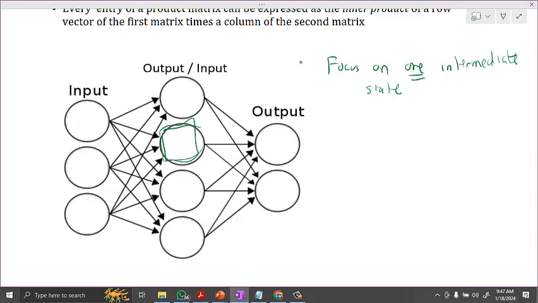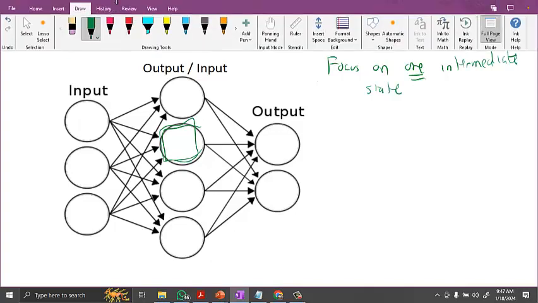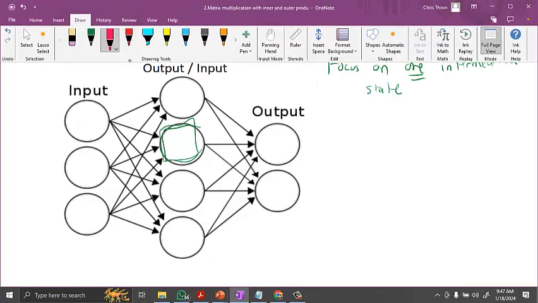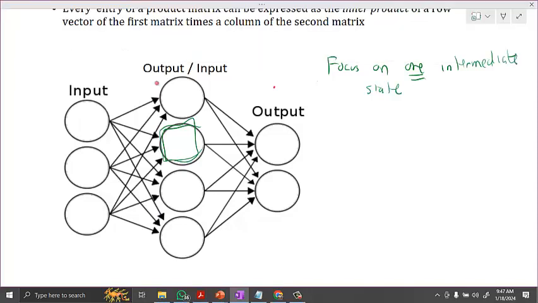This state has some arrows coming in from the different inputs. It has arrows coming in from this one, from this one, from this, and from this one. And then it also has arrows going out to this one and to this one.